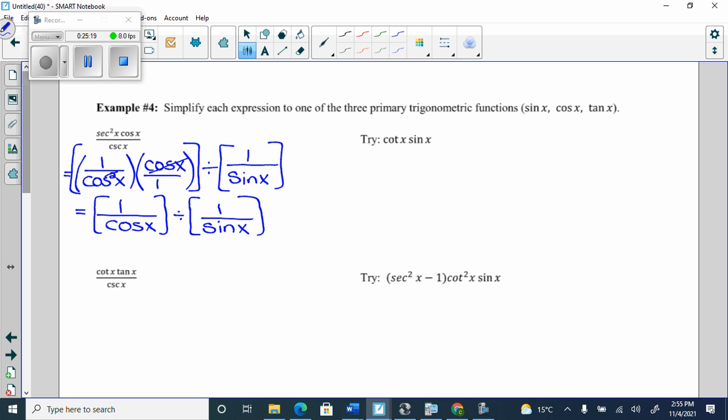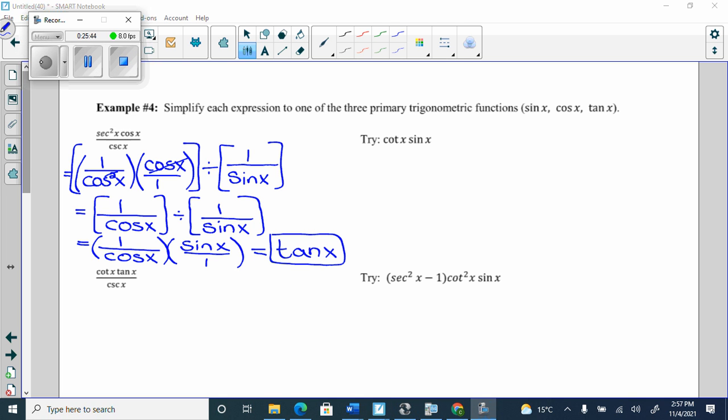So now I can flip. I get 1 over cos x times sine x over 1, which is tan, because it's 1 times sine, which is sine, over 1 times cos, which is cos.